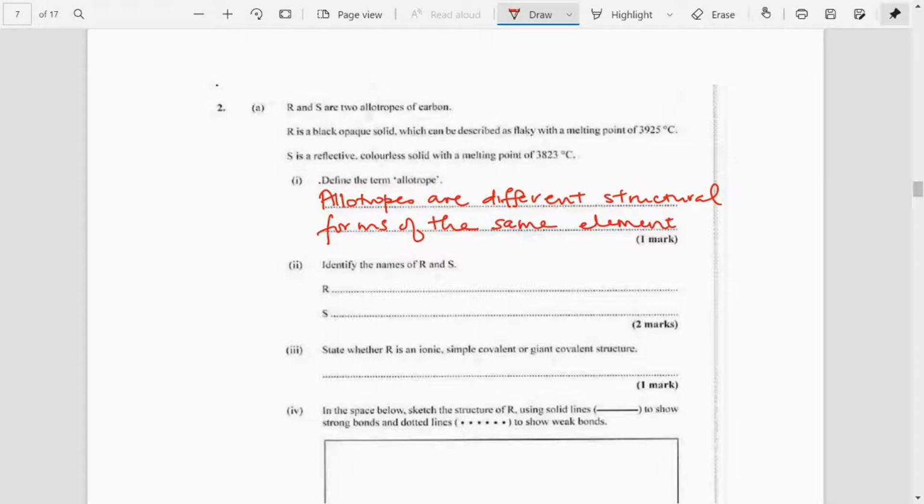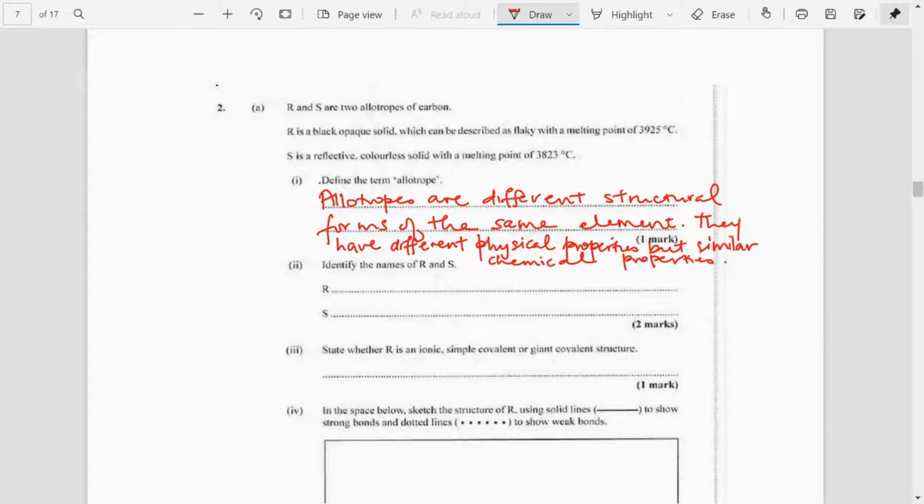They have different physical properties, but similar chemical properties.